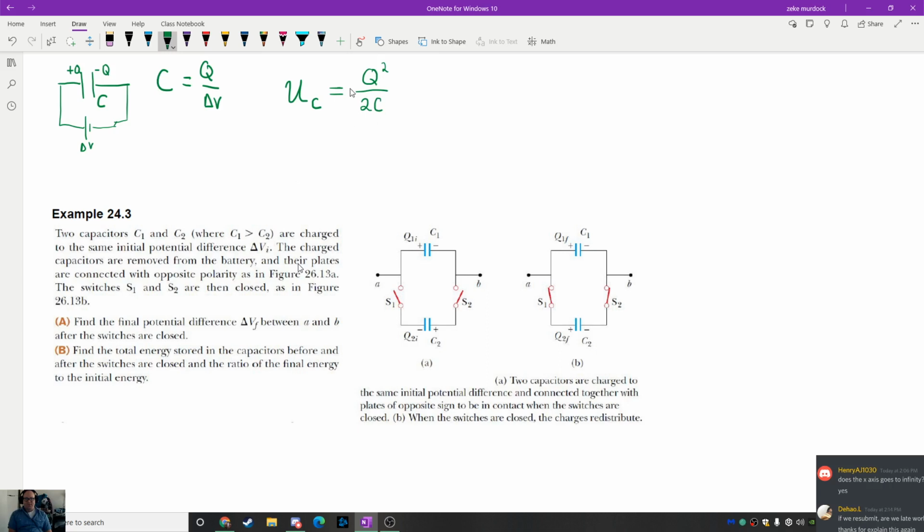There are other ways to do this, because you can use this equation right here to rewrite this. So for example, if we plug in that Q is equal to C times delta V, then I think this would become 1/2 C delta V squared. And then if we were instead to replace the C, I think what we would get is 1/2 Q times delta V, I believe.